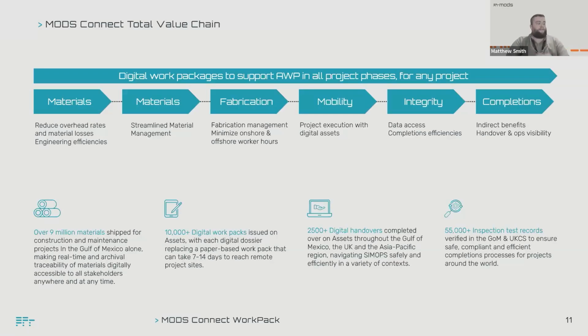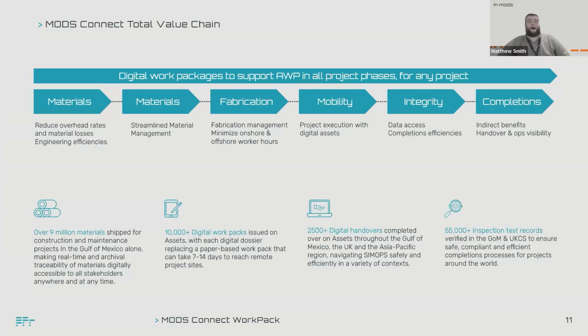So the total Connect value chain here. As we can see, we've got our WorkPack module running the whole way through this chain. And alongside that, we're reducing overheads and rates for material loss and engineering efficiency. We're raising our requirements for our materials, identifying surplus that you may have within our materials module before placing that purchase requisition.